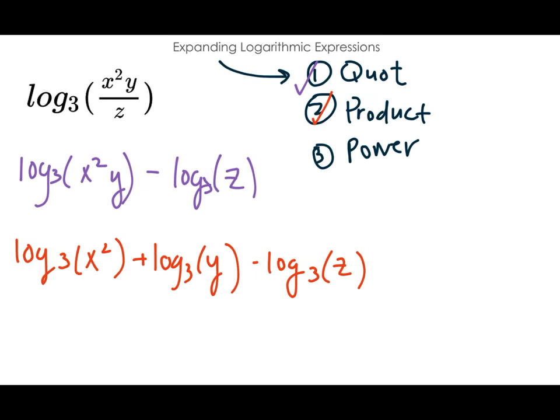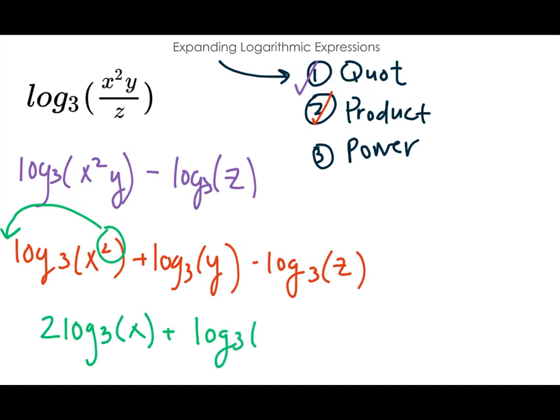So the power rule says that I can bring that exponent down. So my final answer is going to be 2 log base 3 of x plus log base 3 of y minus log base 3 of z.